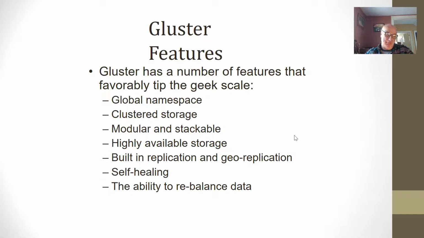It has a global namespace, which is a lot like Amazon's S3 environment. What that means in this environment, as well as in Amazon, is that you have an account, and in that account you have a namespace. Of course the accounts are unique across all of Amazon or Gluster, and that means that everything inside those accounts is unique.